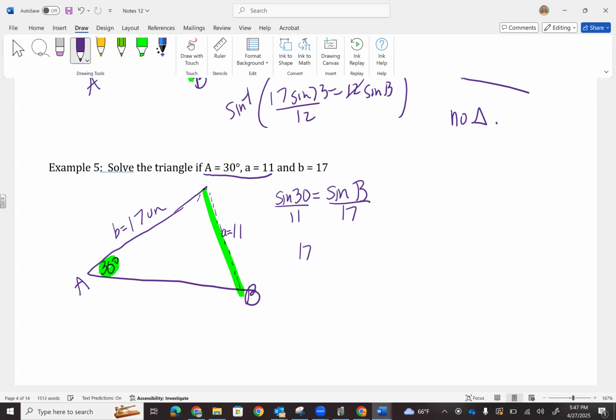If we cross multiply, 17 sine of 30 equals 11 sine of B, divide by 11. To get B by itself, we're going to do inverse sine of both sides. So the measure of angle B, B number 1, is going to equal 50.6 degrees.